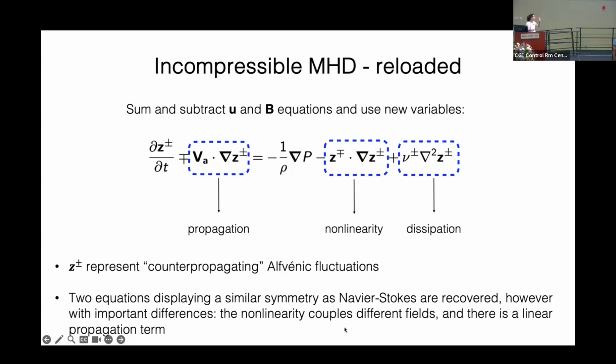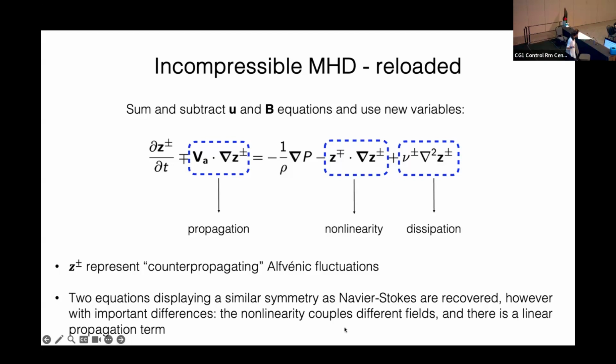And so these equations are nice because we can recover some symmetries of the Navier-Stokes equations, with some differences. First difference is this term here, okay? This is a linear propagation term. So if you forget about what's on the right-hand side, you obtain a simple advection equation for Z plus and Z minus.